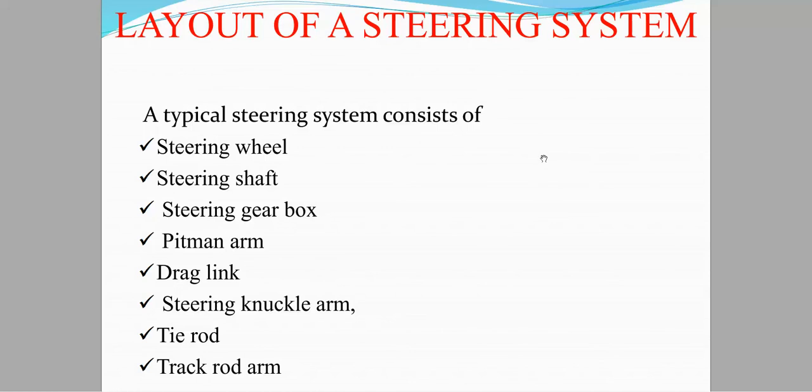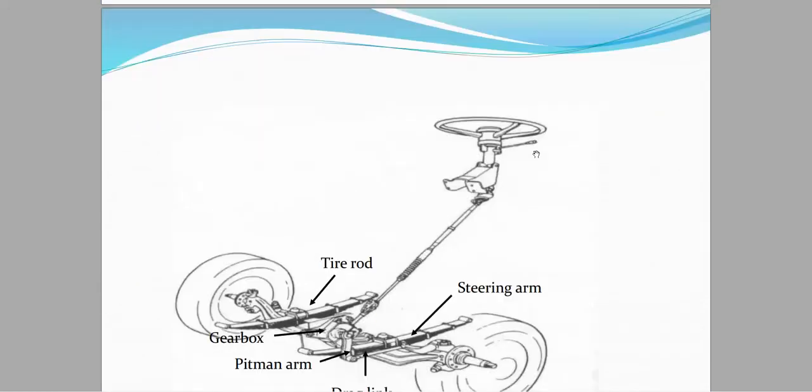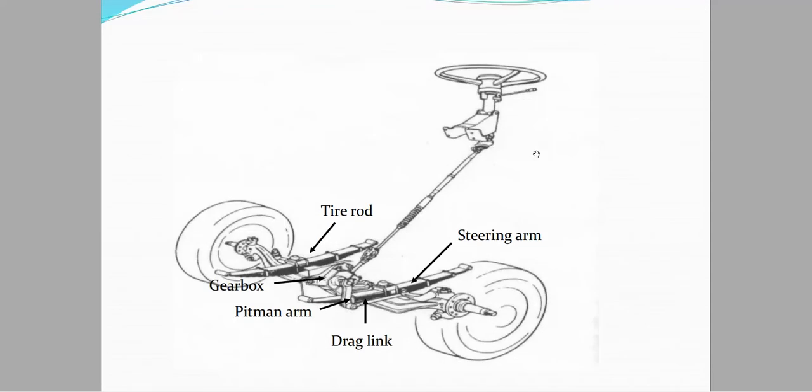With the help of these components, we are able to assemble the complete steering system and we can drive easily and in a smoother way. As you can see in this figure, we have steering arm, drag link, pitman arm, gearbox of the steering, then we have tie rods. These are the complete or essential components of the steering system.